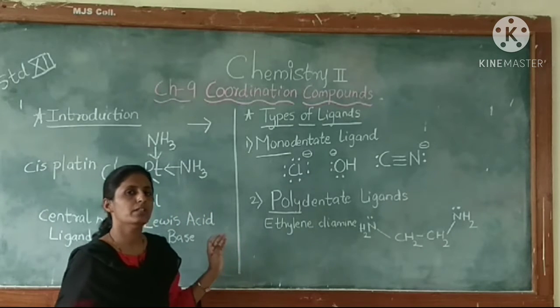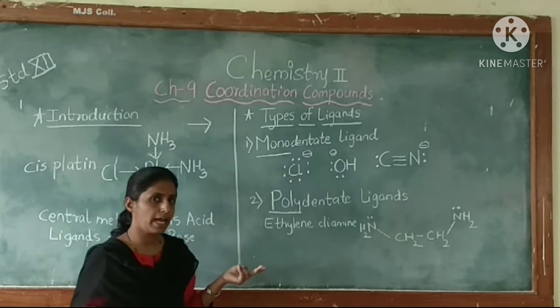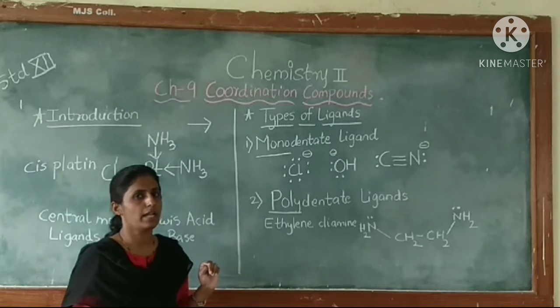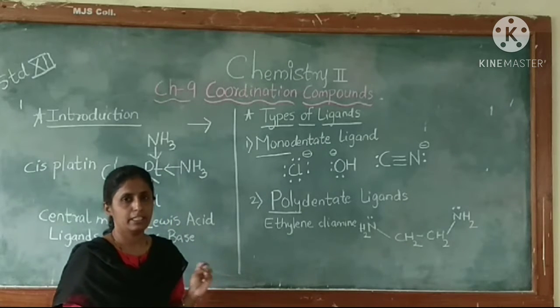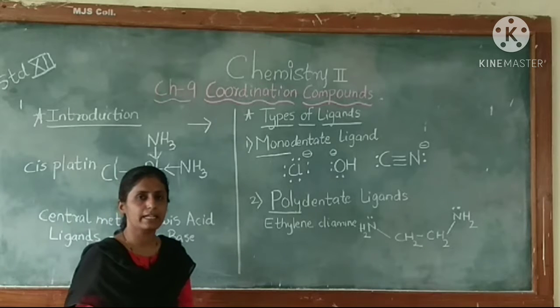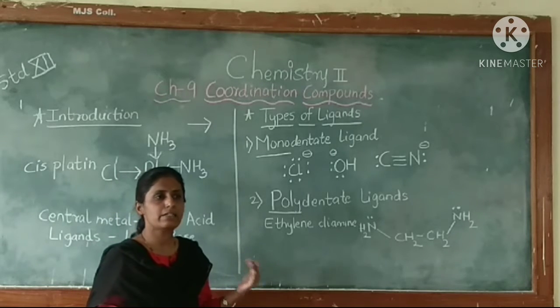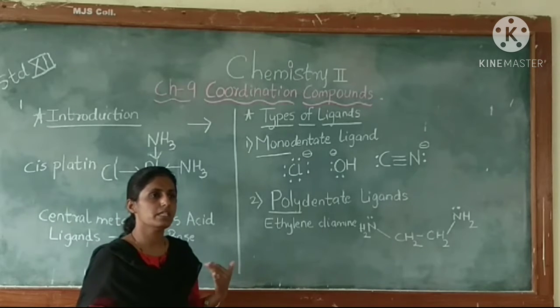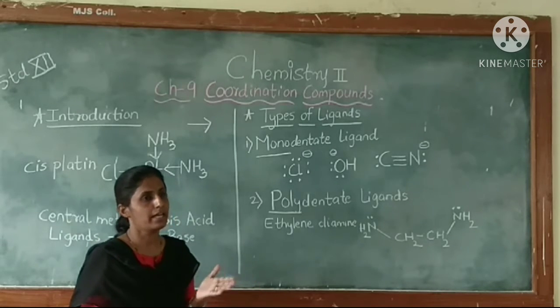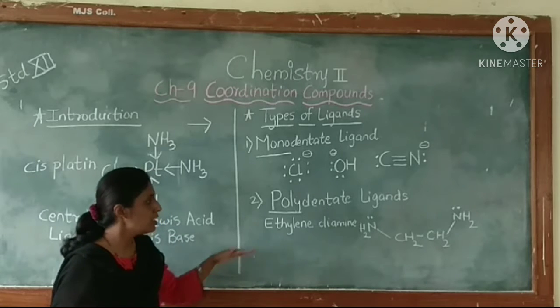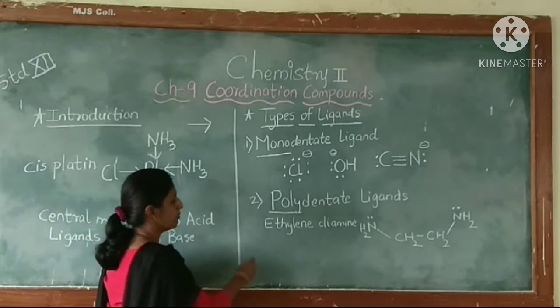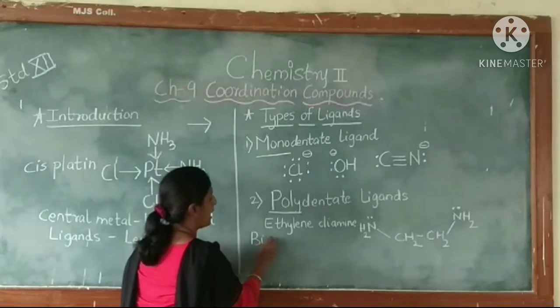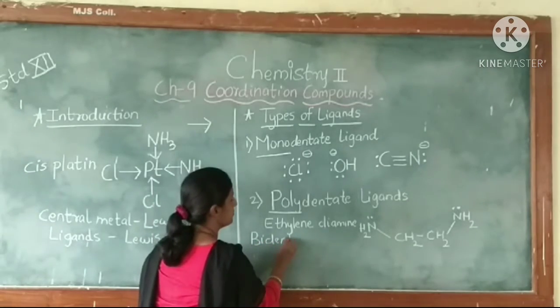If the ligand has two donor atoms, then it is called a bidentate ligand. If the ligand has three donor atoms, it is called a tridentate ligand. If it has four donor atoms, it is called tetradentate, and so on. Okay, so here we will see an example of a bidentate ligand.